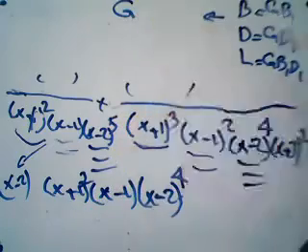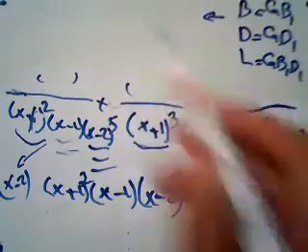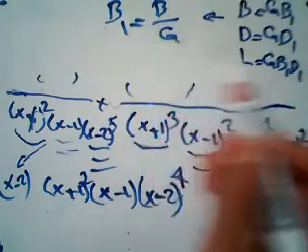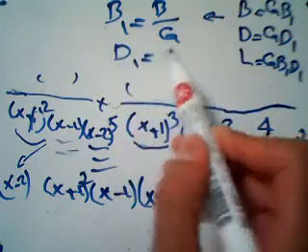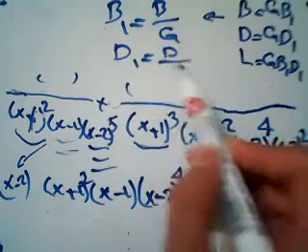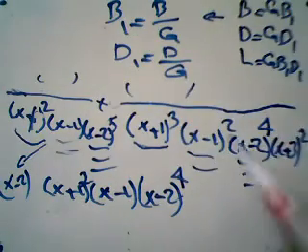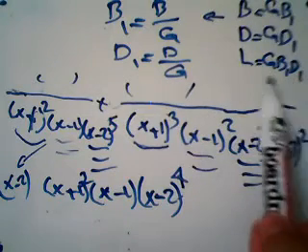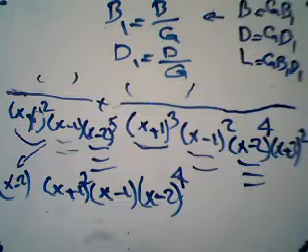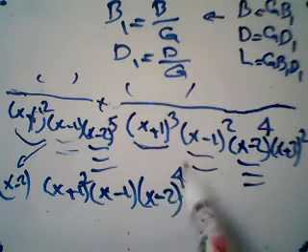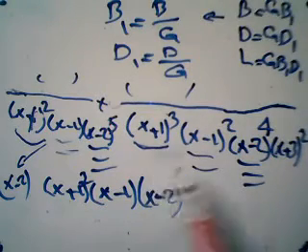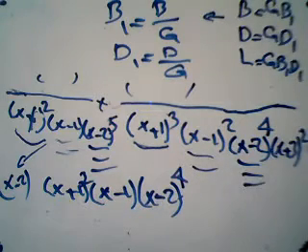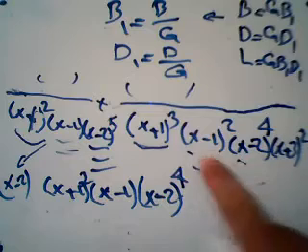Let's say B1 equals B over G, or D1 equals D over G. We need B1 and D1 in order to do this, and here we could just divide this by this. And let me do it here.